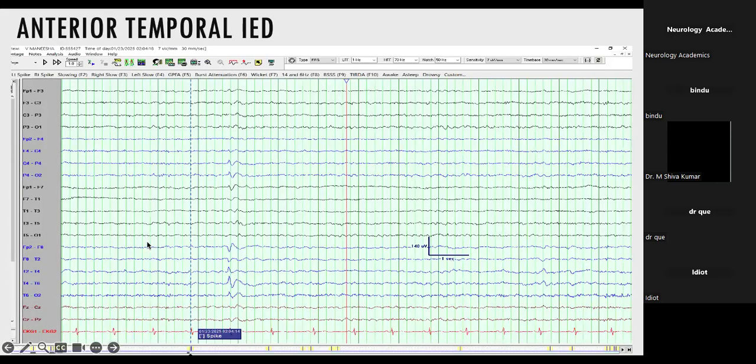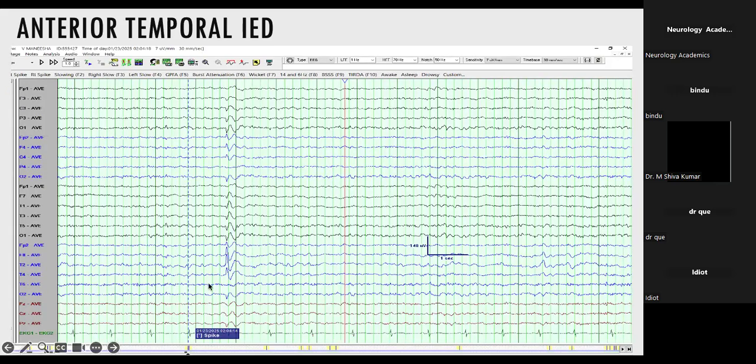Another EEG in bipolar montage shows phase reversal at F8T2, anterior temporal region. In the corresponding common average, we can see peak voltage in T2. It is an anterior spike.